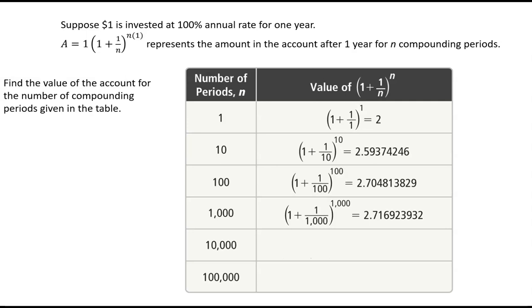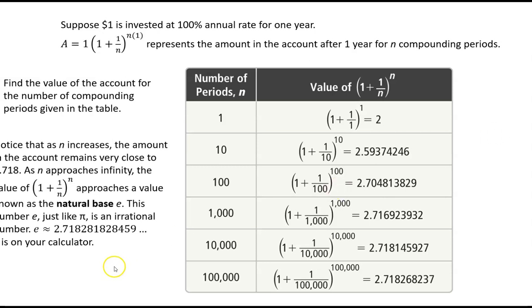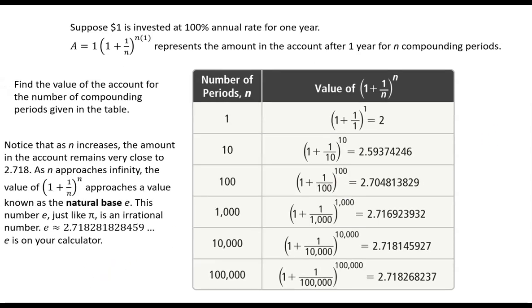Put in 10,000, and what do we get? 2.7181 and so forth. If I put in 100,000, I get 2.7182 and so forth. As I keep increasing n, I keep getting closer and closer to 2.7182.